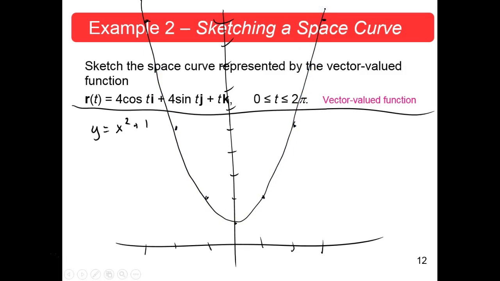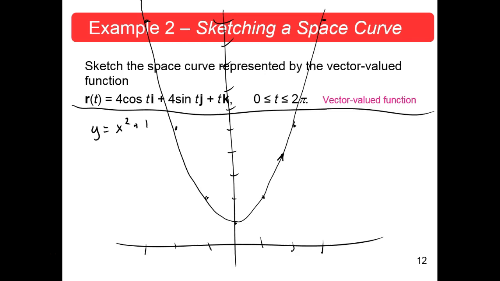Okay, now they drew an arrow in for you. I don't know why they chose to, but they did. It says try to represent that parabola by a vector value function. Now, if you go back to when we first introduced parametric equations, find the variable that has the most complication in it.